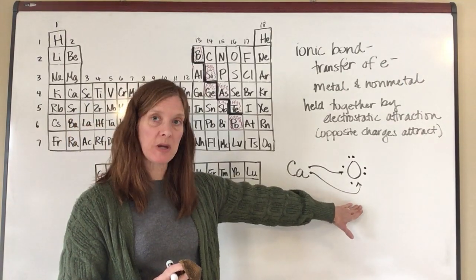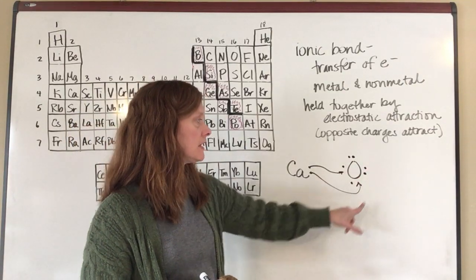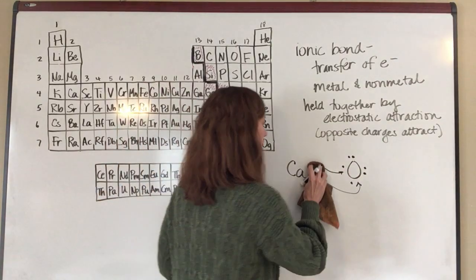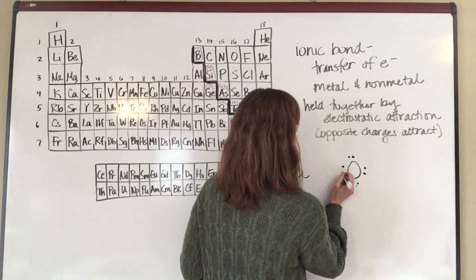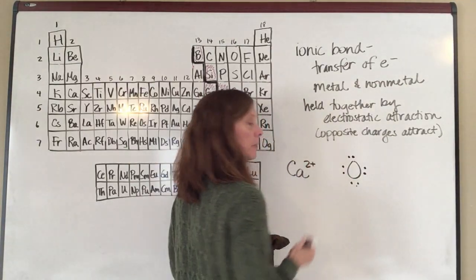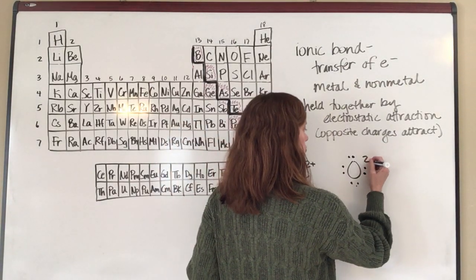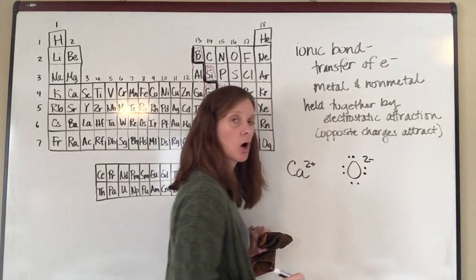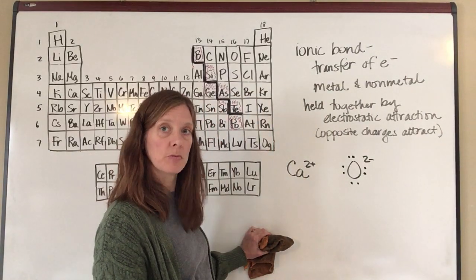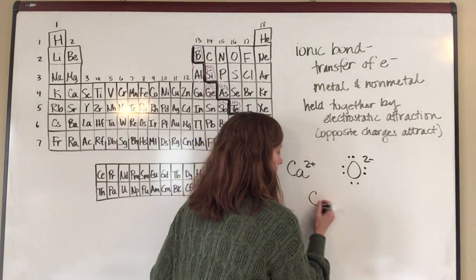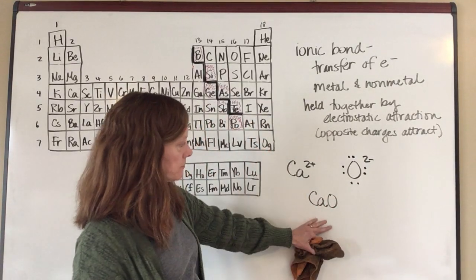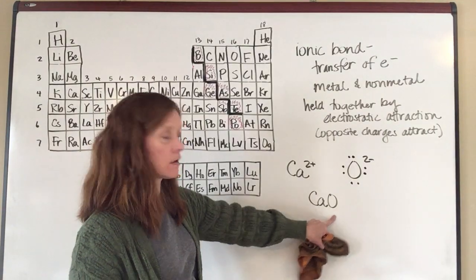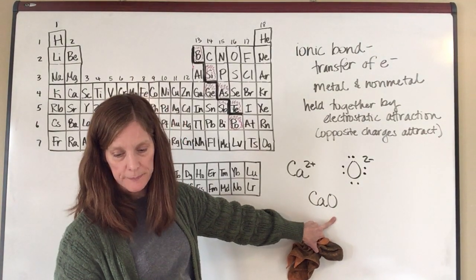Is oxygen happy? Yes, it gained 2, and it now has a full outer shell. So now, if I draw the final structure here, calcium has a positive 2 charge, oxygen has a negative 2 charge, and so to write the formula for this compound, I have 1 calcium and 1 oxygen. Okay, CaO, capital C, little a, capital O, right?